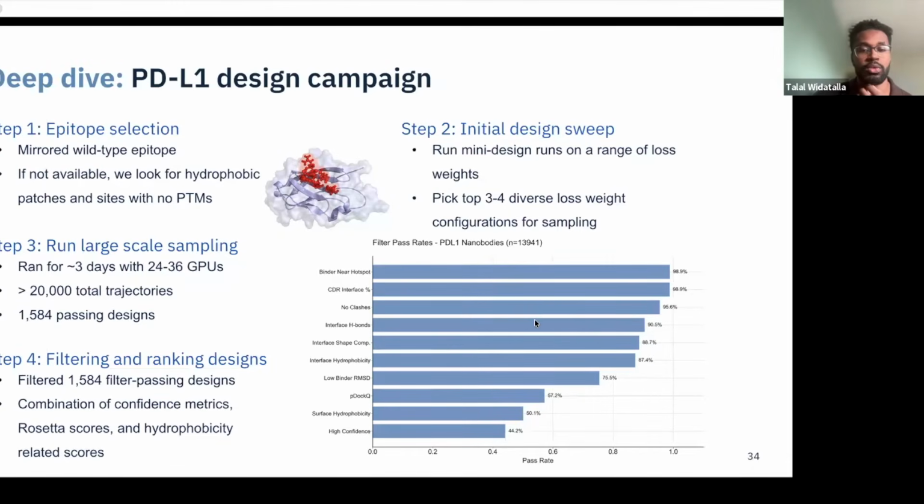And then the next step is to do your final filtering and ranking. You can look at the GitHub repo or the paper for all the filters we use. But we ended up filtering this 1,500 down to a final set of 100 for PDL1 for experimental testing.